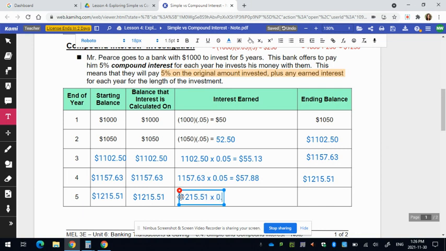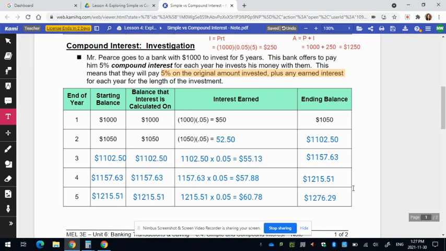We multiply that by our interest rate, and we get $60.78 for a grand total at the end of his 5 years of $1,276.29. So this would be his final amount, how much he gets to take out after his money sat in there for 5 years collecting interest, and now this is how much he gets to take away from it.